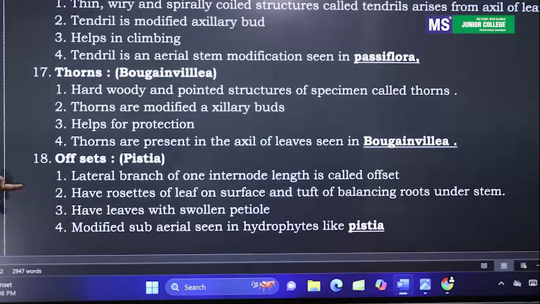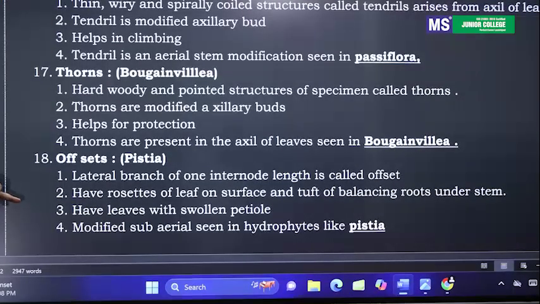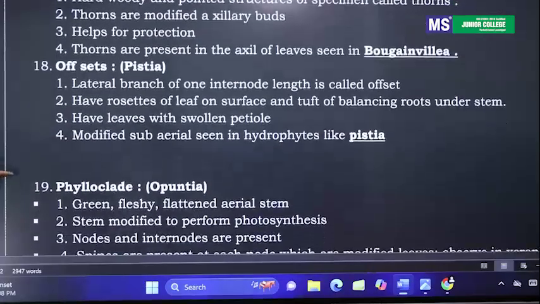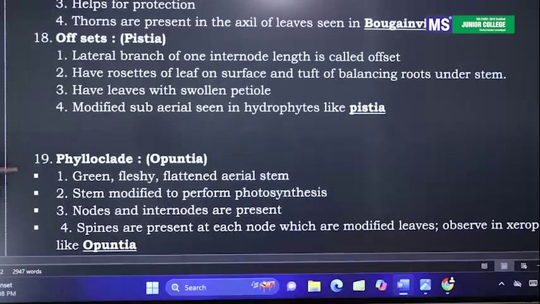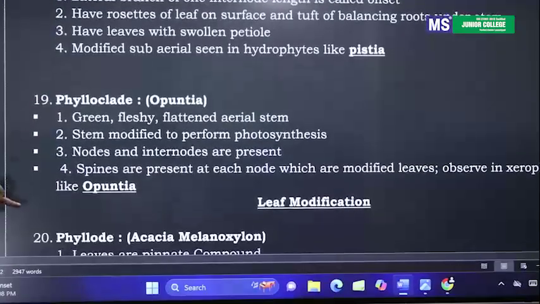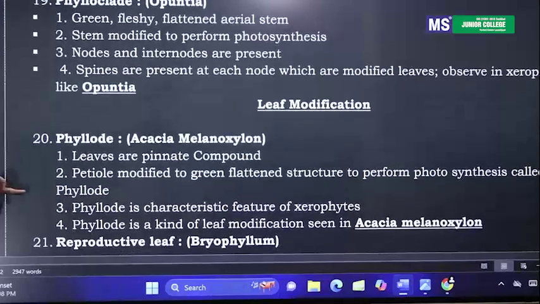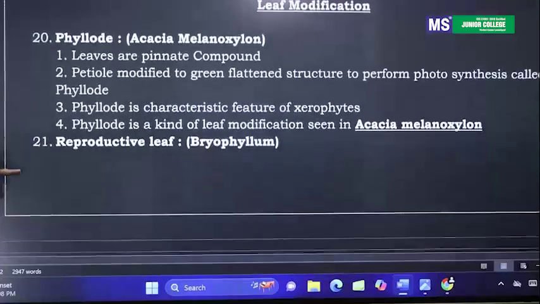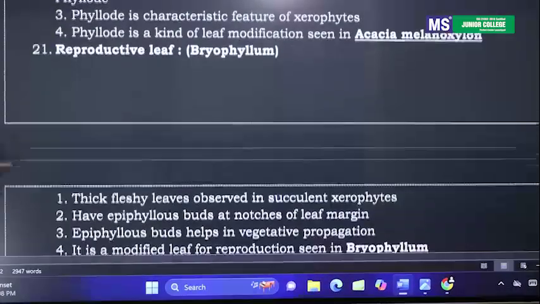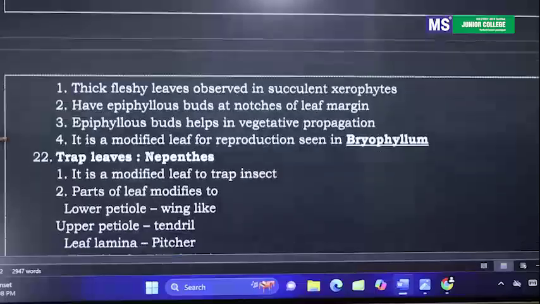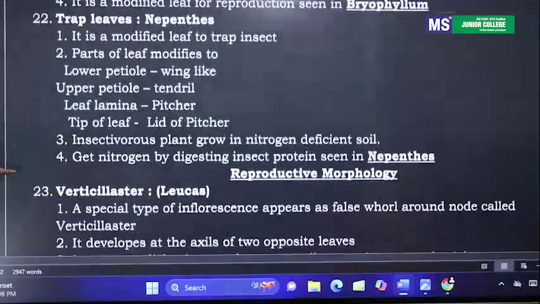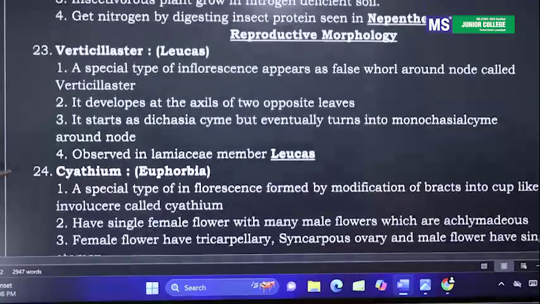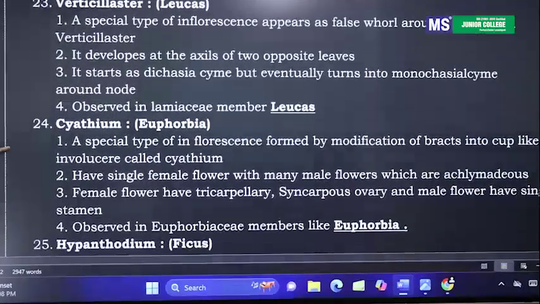And stem tendrils, for this you can say Passiflora as an example. Thorns, Bougainvillea. Offset, Pistia. Phylloclade, Opuntia. Then phyllodes, Acacia melanoxylon. Reproductive leaf, Bryophyllum. Trap leaves, Nepenthes. Verticillaster inflorescence, Leucas. Cyathium inflorescence, Euphorbia.